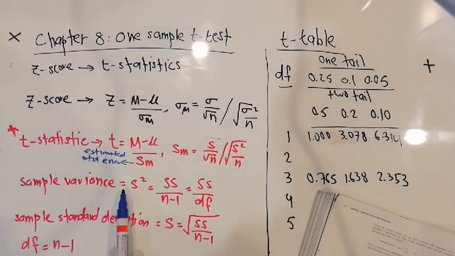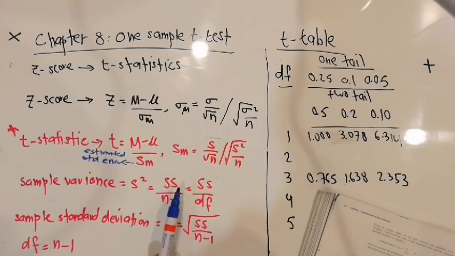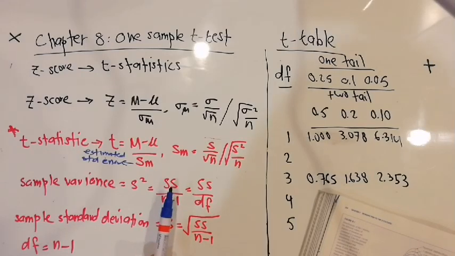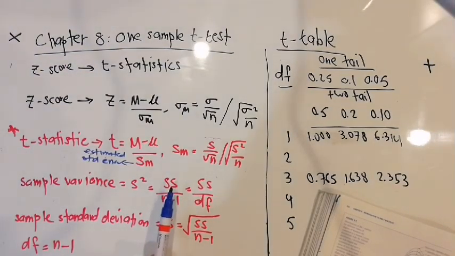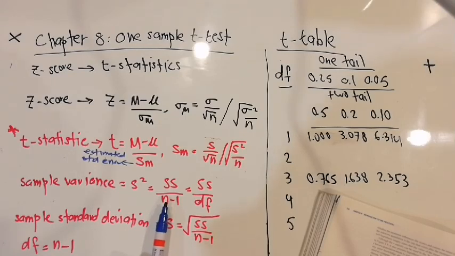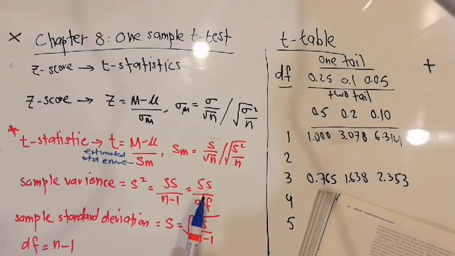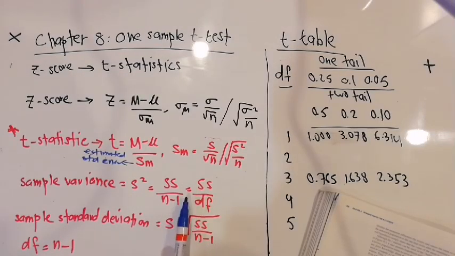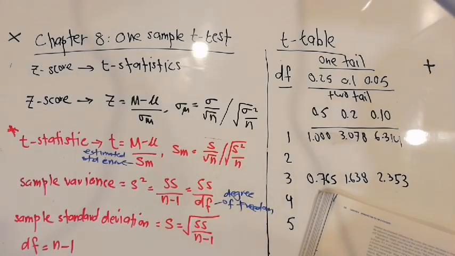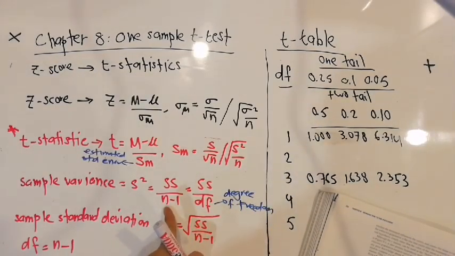The formula for variance, s squared, equals SS, the sum of squares, divided by n minus 1, where n is your number of samples. That equals SS divided by df, and df is the degree of freedom, with the formula n minus 1.